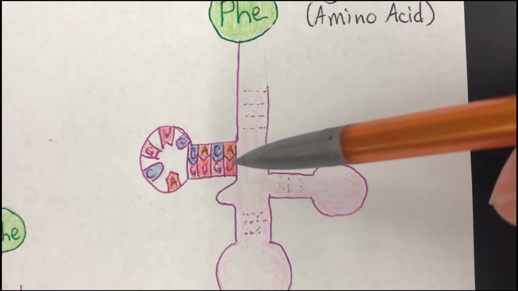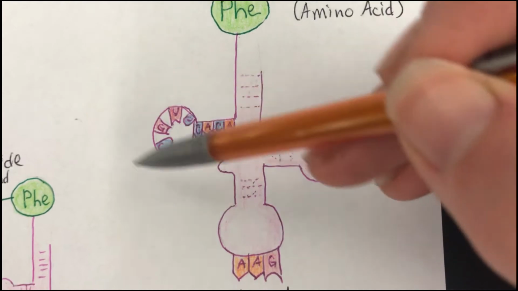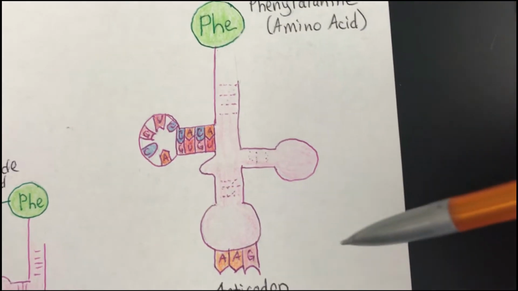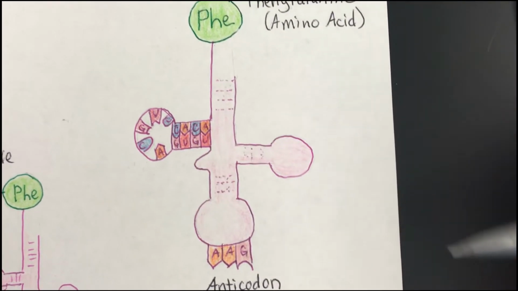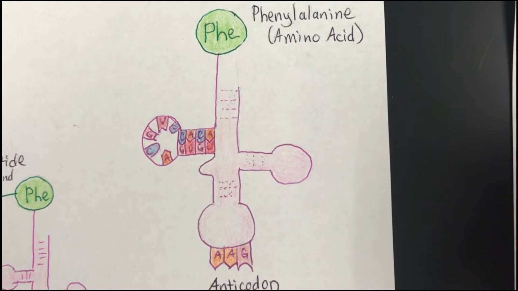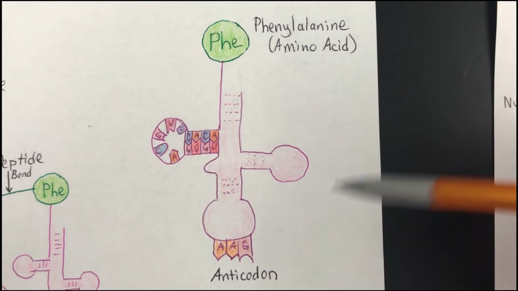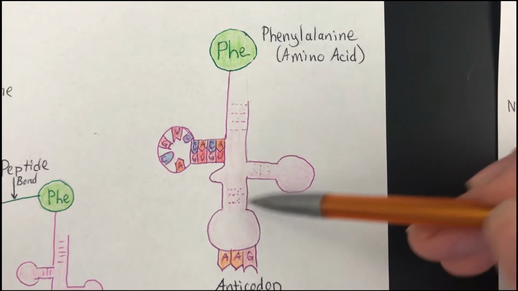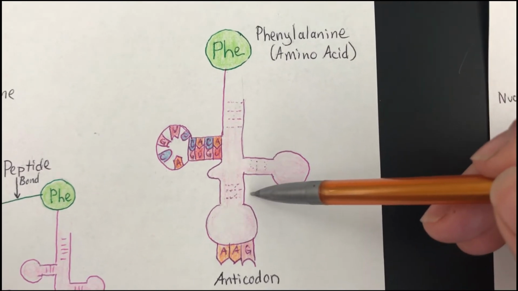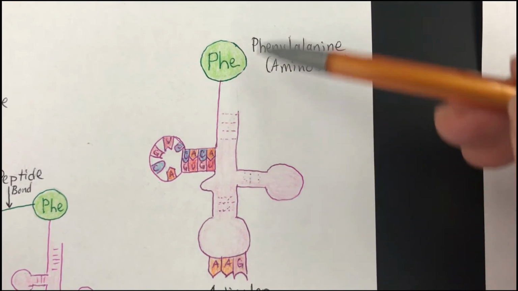In the cytoplasm, they are going to fold on themselves to produce, if you use your imagination, this T-shaped molecule. That is not why this is called tRNA. In fact, this is called transfer RNA. So why is it called transfer RNA? Well, this molecule is going to transfer a particular amino acid, in this case, phenylalanine.